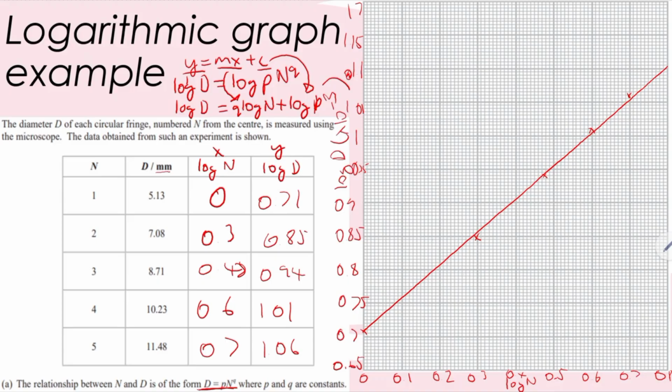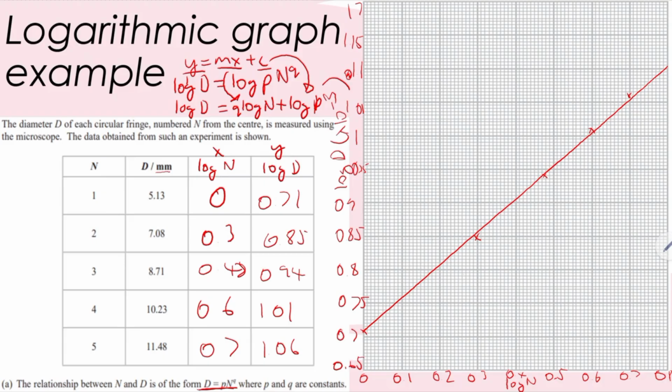So now, as we have drawn the line of best fit, we need to find P and Q. So Q is going to be the gradient, so we need to find the gradient of the line of best fit. And log P, we need to find P by first finding the y-intercept.